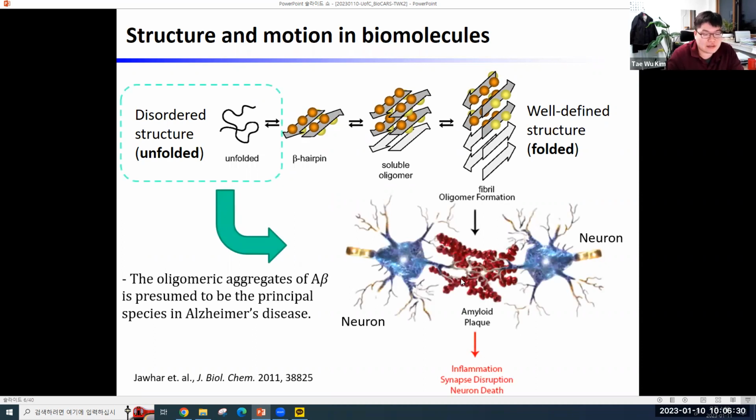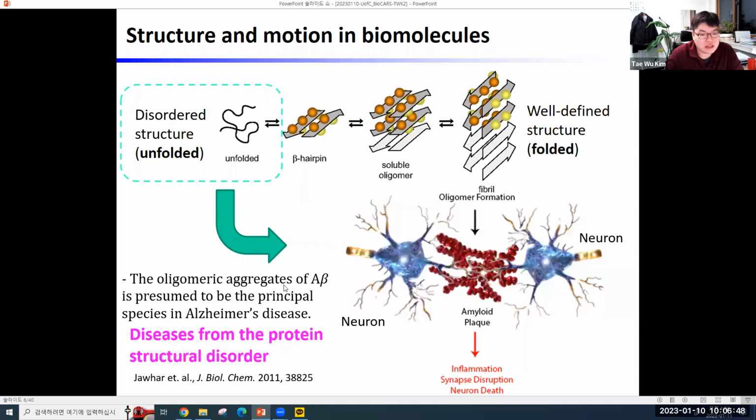So it can form such an unwanted aggregate, called an amyloid plaque. This plaque can block the signaling process in the neurons, so it finally results in disease from the protein disorder.